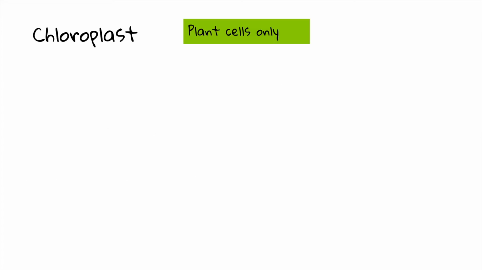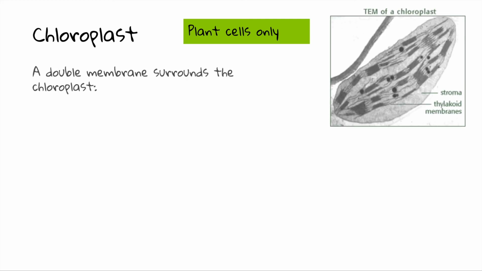Chloroplast. So this is an organelle which is found in plant cells only, as you already know from GCSE. It is the site of photosynthesis where glucose is produced. It's made up of a double membrane, and we'll look at the reasons for why it's made of a double membrane later on in another video.